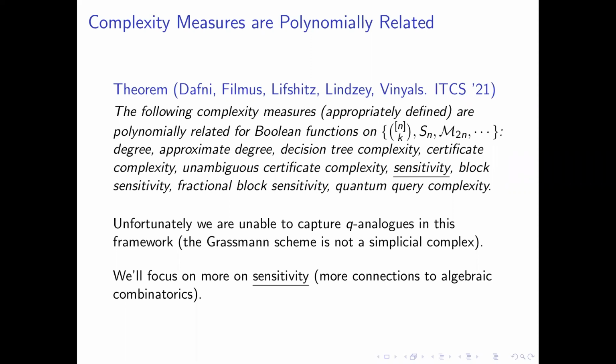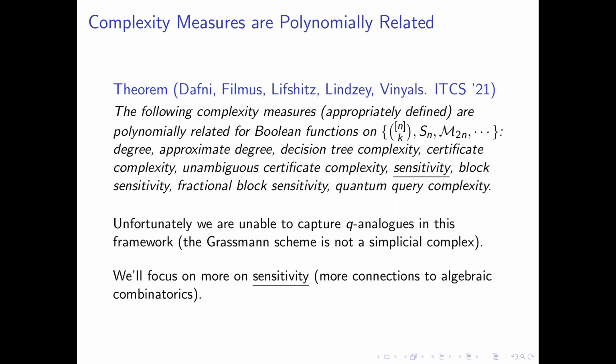Right, so there are a few caveats here. In that list of objects that I thought were part of combinatorics, those q-analogs we're not able to really recover in our framework.